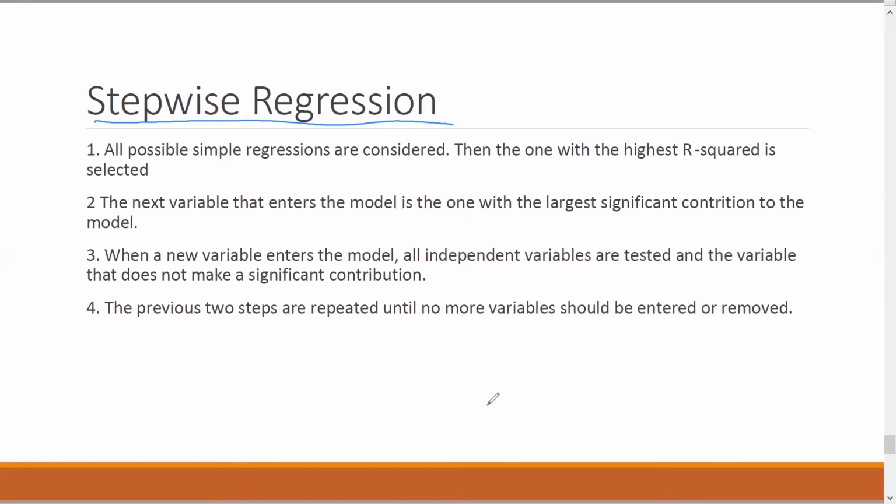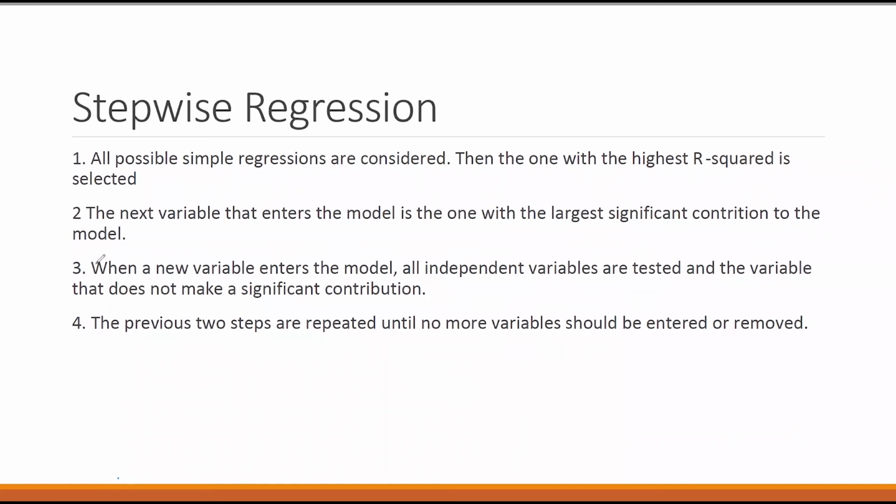It will allow us to pick the most important X variables, or the X variables that are most highly correlated with Y. The basic idea of stepwise regression is that in the process, one variable will be entered in the model at a time. Starting from the first variable, that should be the most important one, or the one with the highest correlation coefficient.